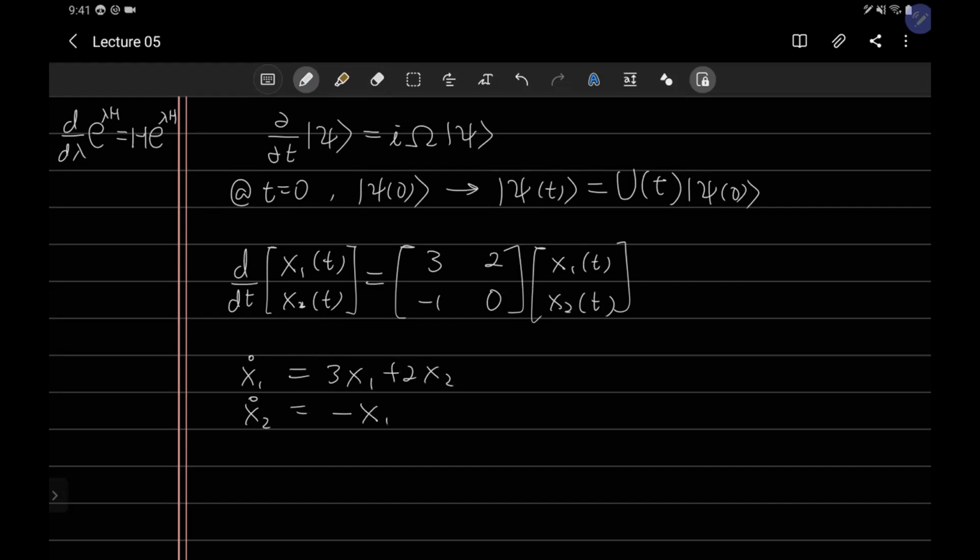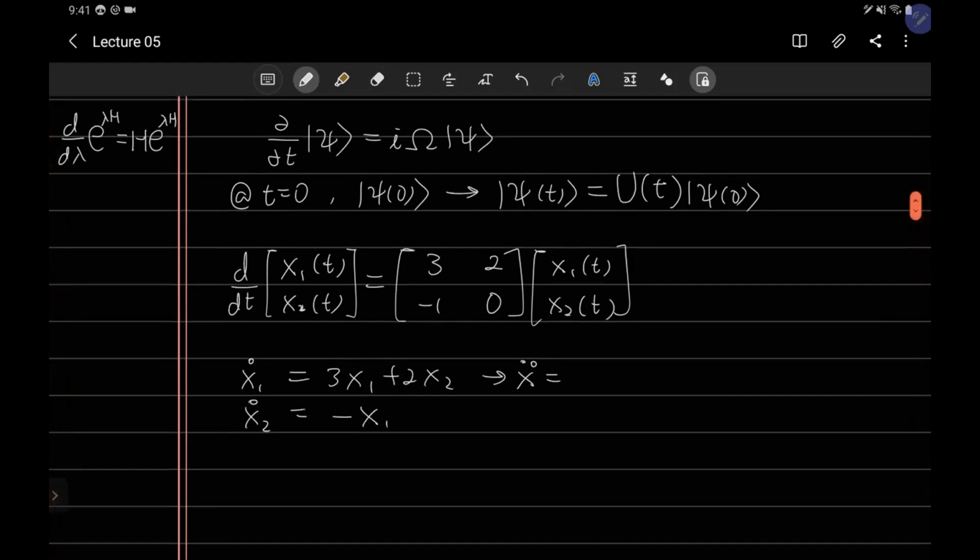To solve this, one option is to take another time derivative of the entire equation. Then we already have the relation for the derivative of x2, so we can replace that with minus x1.